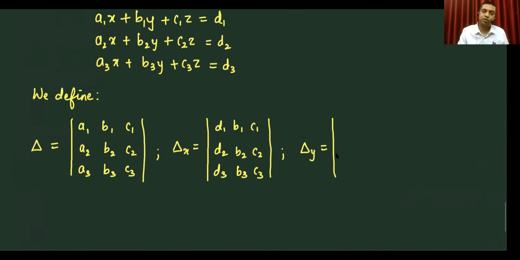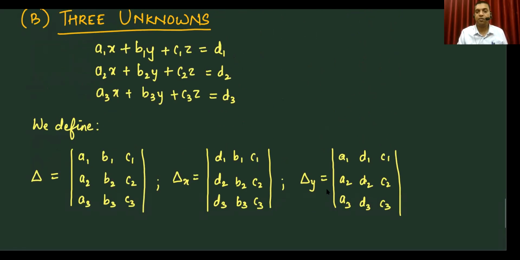So for delta y, in the delta determinant, replace the coefficients of y by the constants. So you get a1, a2, a3, d1, d2, d3, c1, c2, c3. And what is delta z?